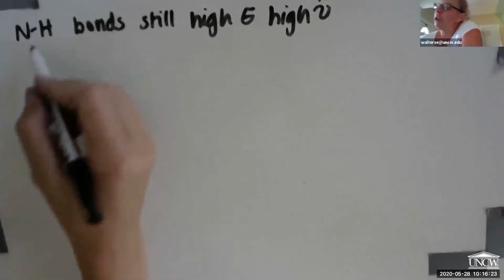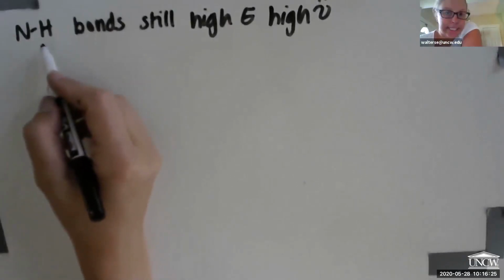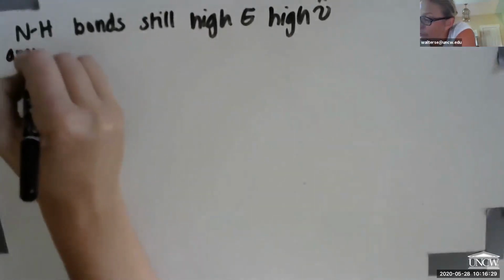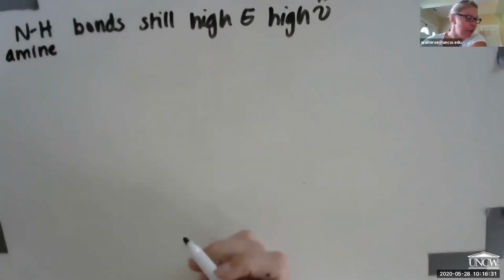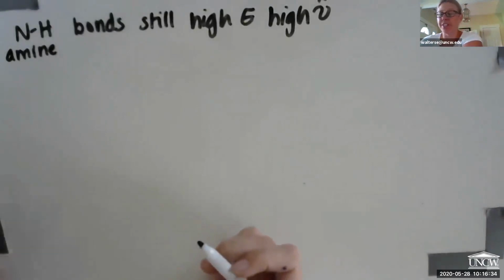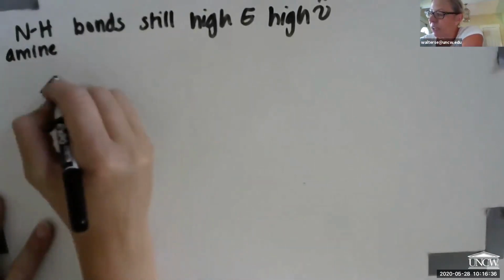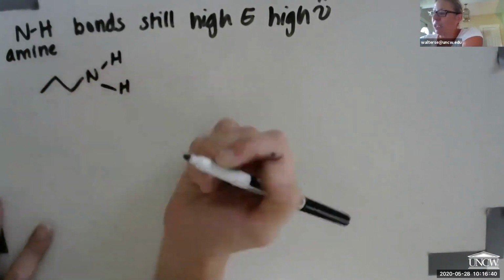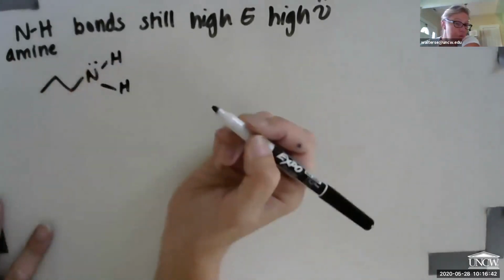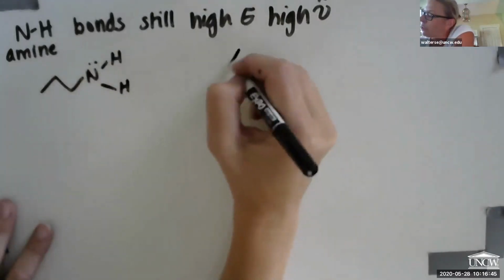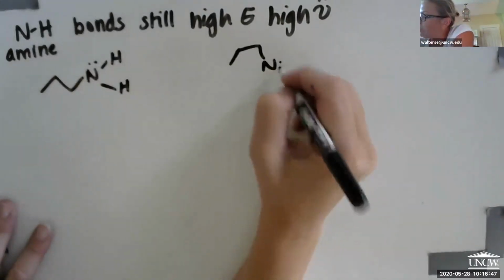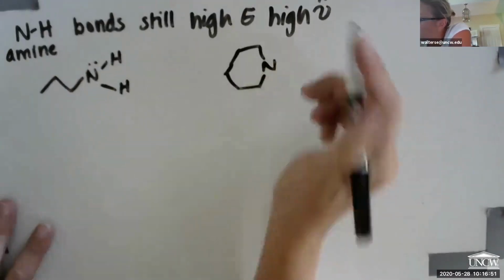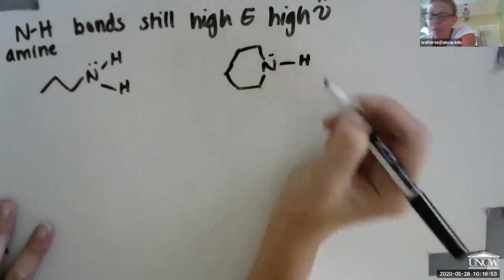All right, so nitrogen to hydrogen bonds, these compounds are called amines. That's the functional group. There are two different types of amines. You can have an amine where the nitrogen is bonded to two hydrogens, or you can have an amine where the nitrogen is bonded to only one hydrogen.